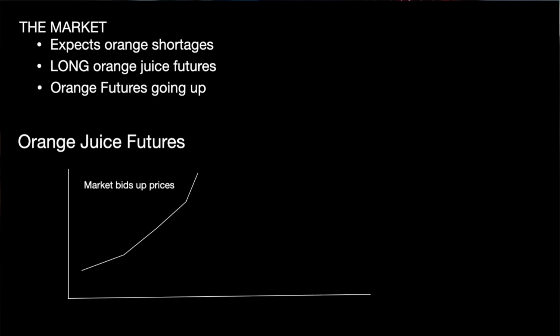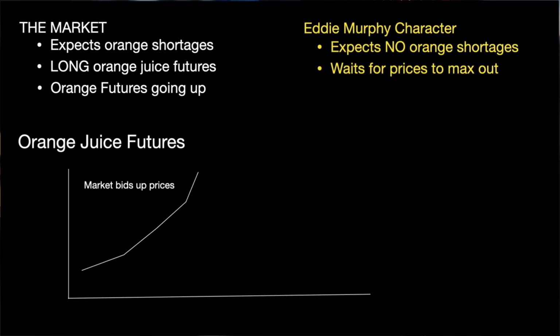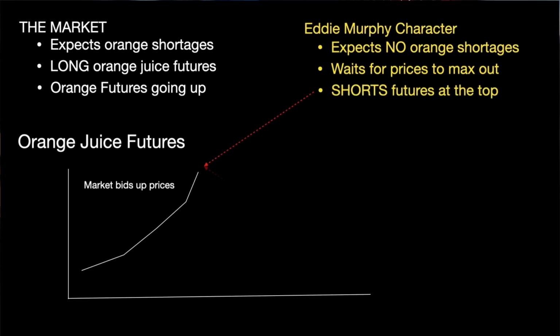So they bid up the prices, or the market was long, or in short, they were buying. The Eddie Murphy character, knowing full well there was no shortage, waited until they hit really high prices and suddenly shorted the market at top prices. So they were essentially selling now at high prices.